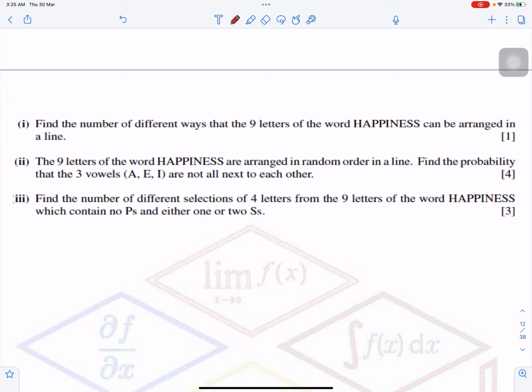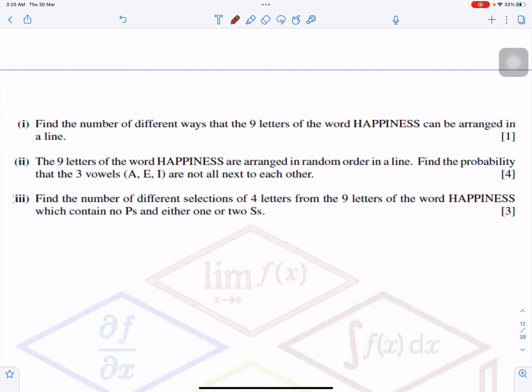So in this case, when you are arranging 9 letters, the total possibility is 90720. So in the denominator you will have 90720. But what will come in the numerator? In the numerator you have to talk about those arrangements in which A, E, I are not all together.